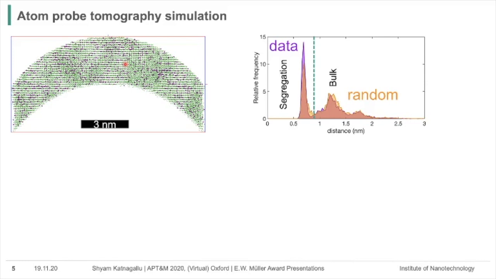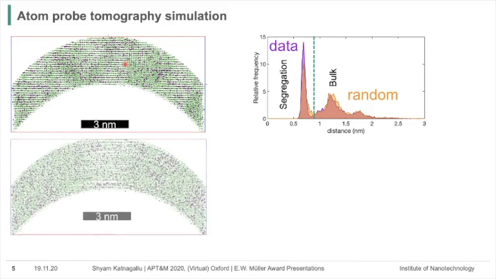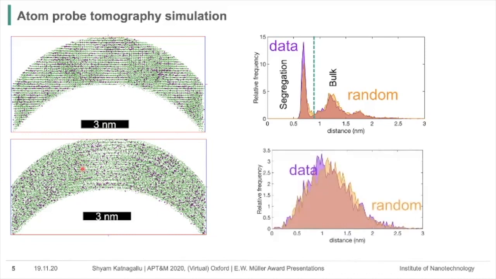Once we field evaporate this tip in simulation, we collect the field evaporated events and reconstruct back using the normal atom probe tomography reconstruction algorithms, and we get the reconstructed tip back. Now if we evaluate the amount of rhenium segregated in this reconstructed volume, we see that this bimodal peak is no longer there, and what you see is almost a random distribution of rhenium.